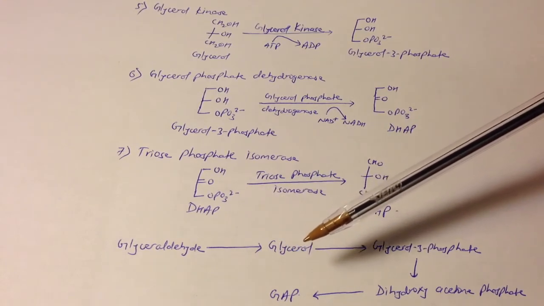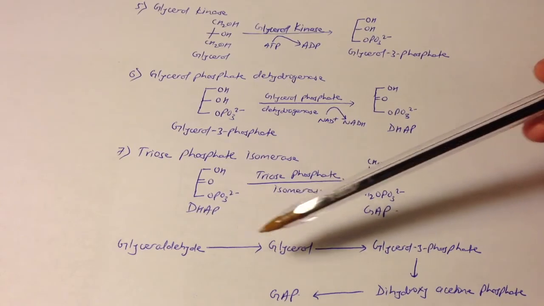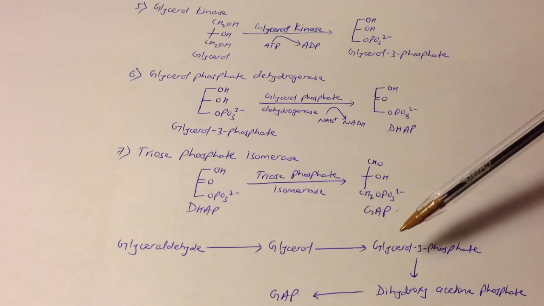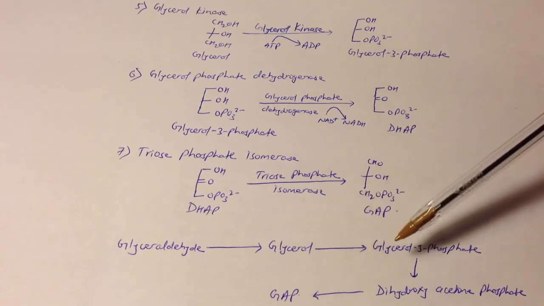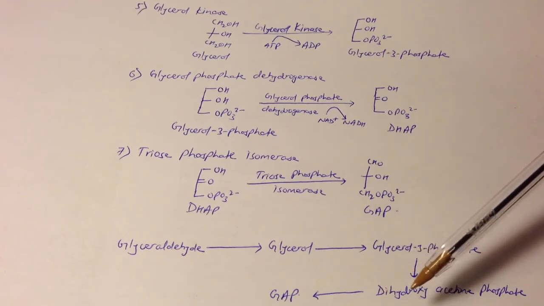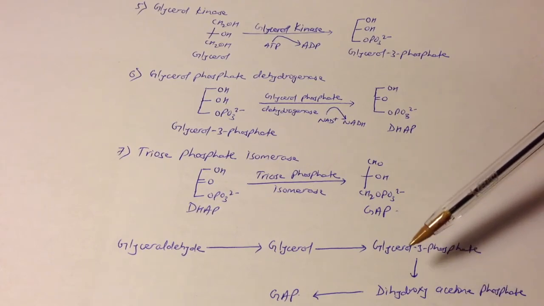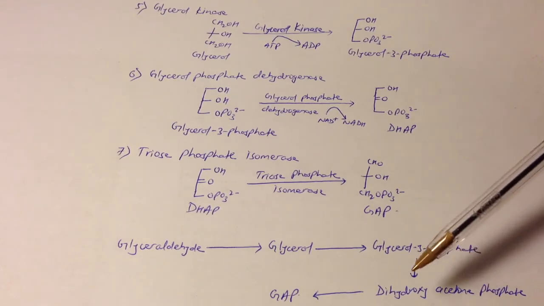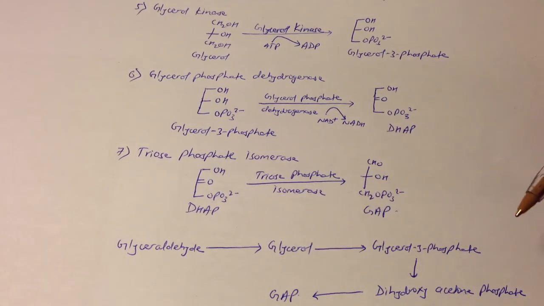So usually an oxidation or reduction reaction is catalyzed by enzyme dehydrogenase, and then glycerol is converted into glycerol 3-phosphate by enzyme glycerol kinase, and glycerol 3-phosphate is oxidized to dihydroxyacetone phosphate by enzyme glycerol phosphate dehydrogenase, and dihydroxyacetone phosphate is converted into glyceraldehyde 3-phosphate by enzyme triose phosphate isomerase.